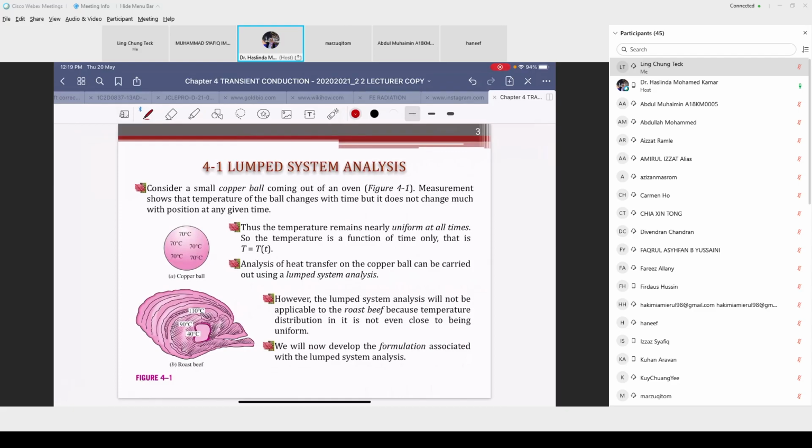Which one is bigger in size? Roast beef. Yes. Because copper ball is very small. Usually we use copper ball in a thermocouple. It's very small and we can sometimes see it with our eyes.